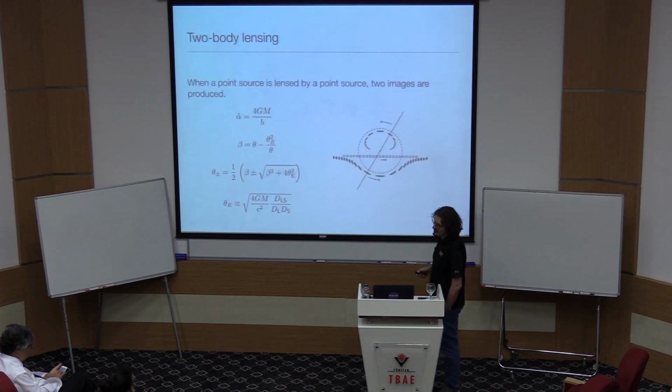So this is a special case of lensing where you have just two bodies. You are walking a background source along this line, and those two lines of images are what you actually see. When you have two bodies, one lensing the other, the impact factor replaces your theta, so you get this deflection alpha.